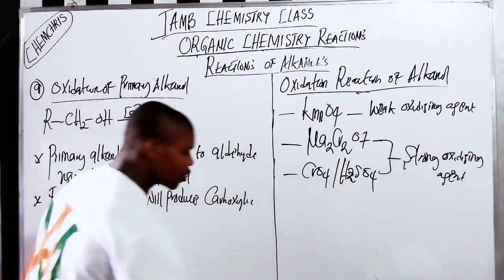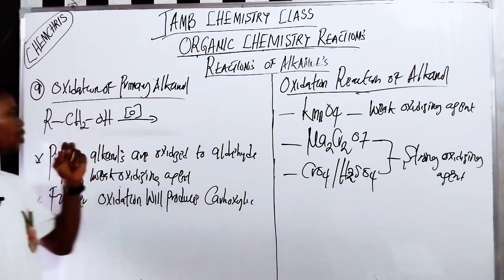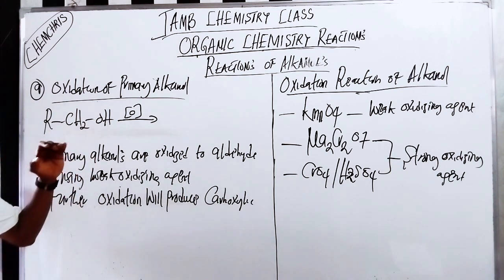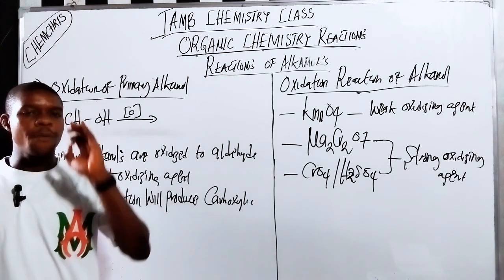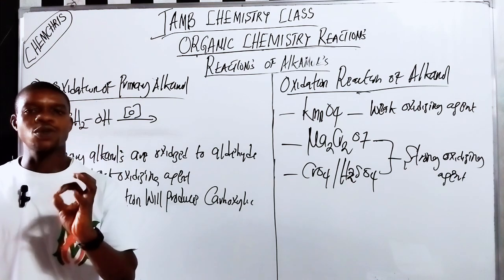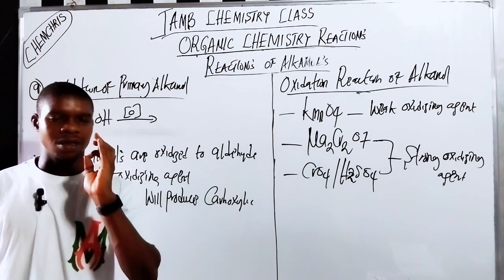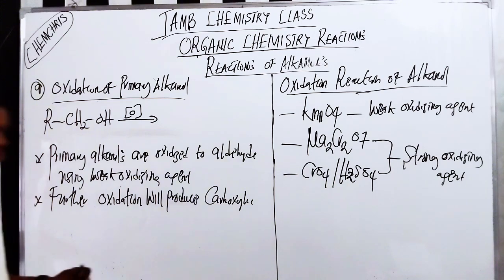Now, when primary alcohol undergoes complete oxidation, it is called carboxylic acid. But first, look at something here.